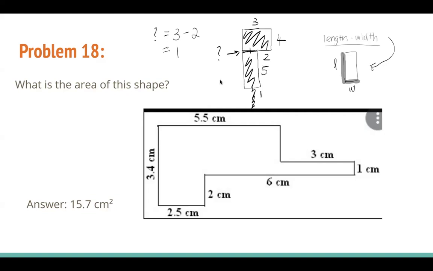So if we compute the area, what are the areas of the two rectangles? Okay, how about what's the area of the 3 by 4 rectangle?